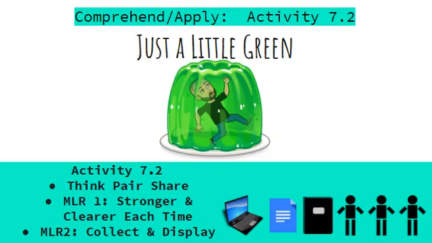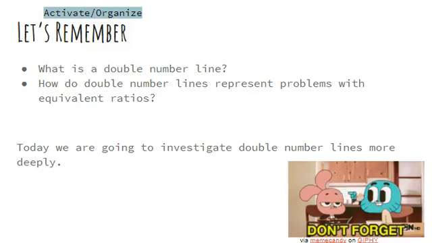All right, so we're going to think about what we did in the previous lesson, when we were looking at colors and ratios. Remember that a double number line is two number lines that have tick marks.